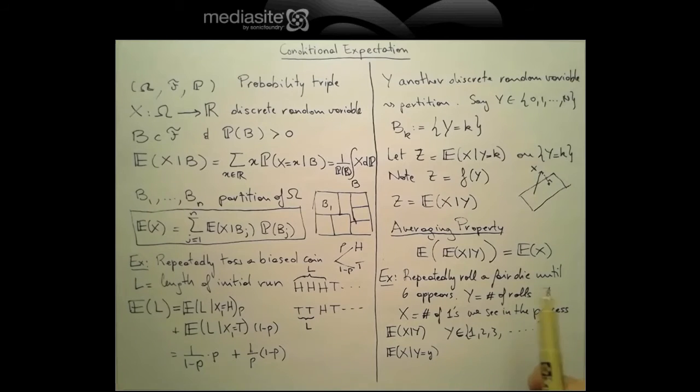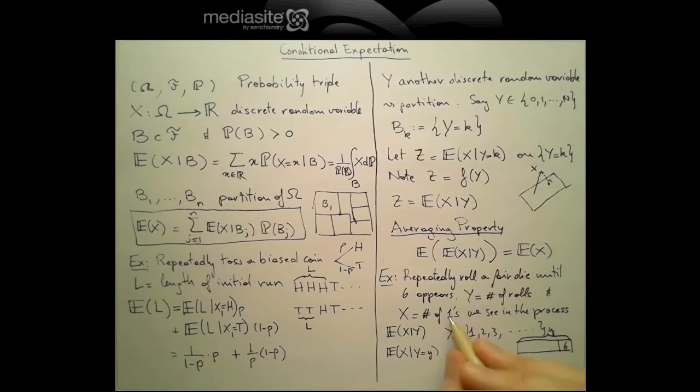If you know how many rolls you had to do before getting a 6, then you know that in these y minus 1 rolls, you never had a 6, meaning you had a choice of 5 different numbers.